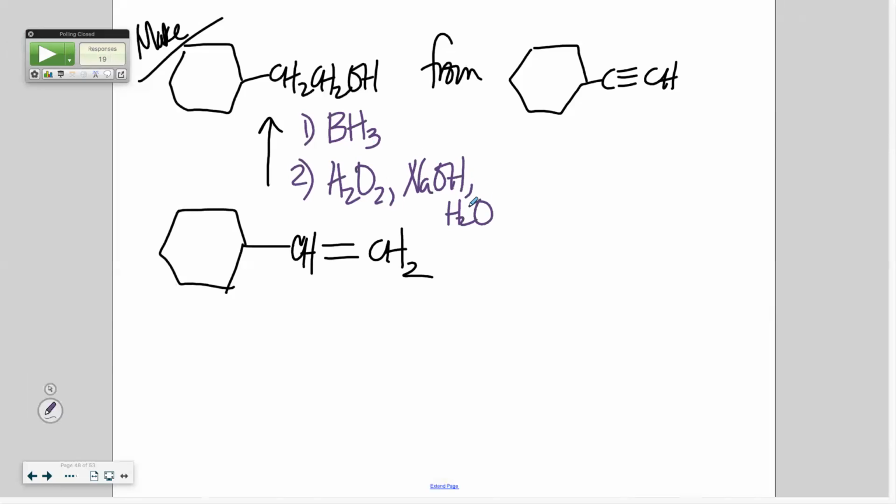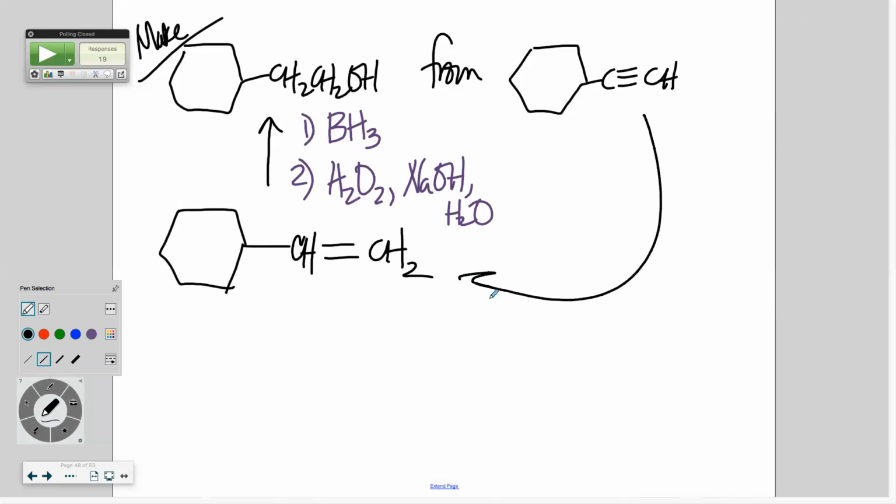Okay, now I want to go back another step. I'm going to make from here to here. Can I do it in one fell swoop like that? Sure. What's the difference between that compound and this compound? 2 hydrogens, right?